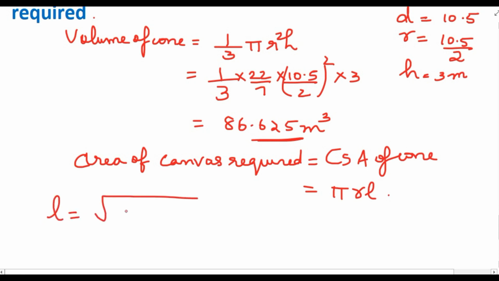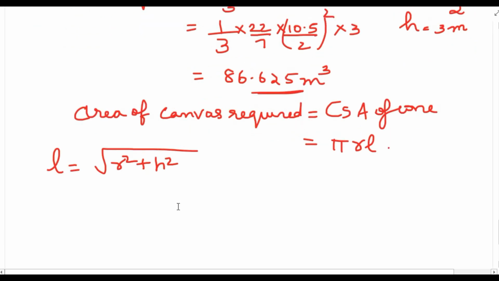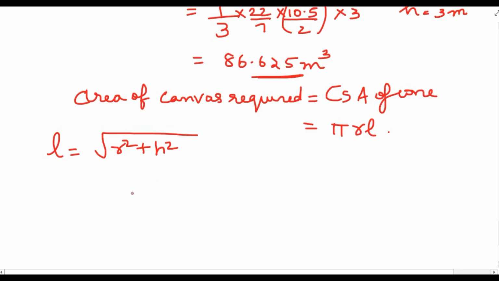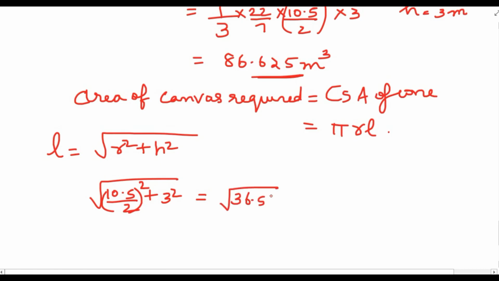L is nothing but slant height, and we know slant height formula is square root of r square plus h square. R square is 10.5 by 2 squared plus h square, height is given as 3. So 3 square, so we need to square it. When you simplify this, you will be getting 36.5625. Approximately this is equal to 6.05 meters. Slant height is in meter.